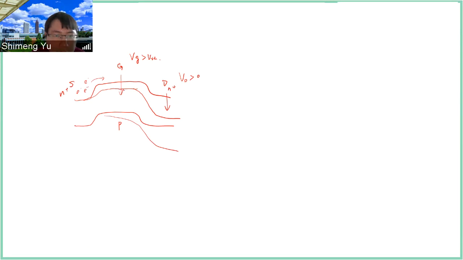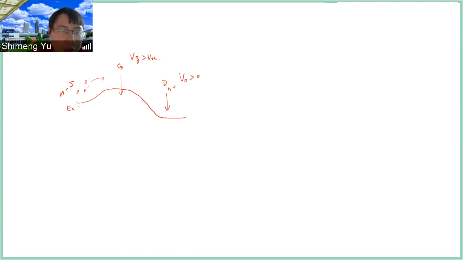So then you have this slope in the channel. Let me only draw the EC, the conduction band edge. Then you will have the electrons move over, and then like water, they will fall down this slope and be collected by the drain.